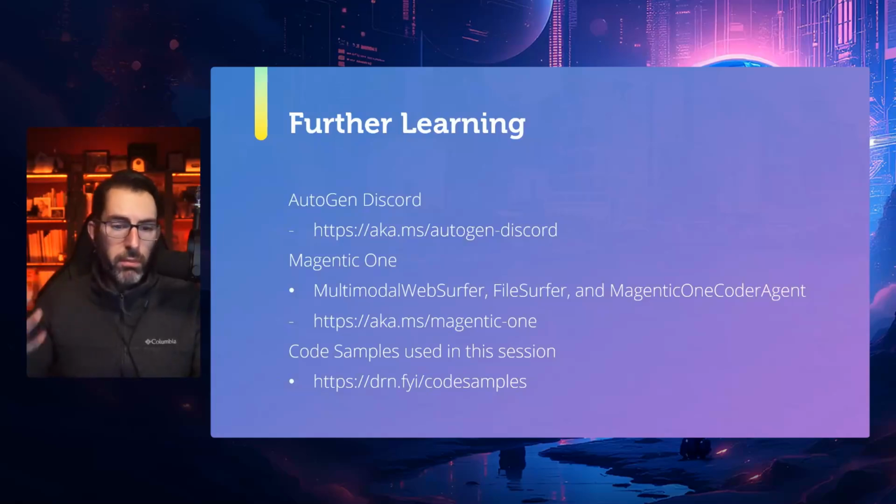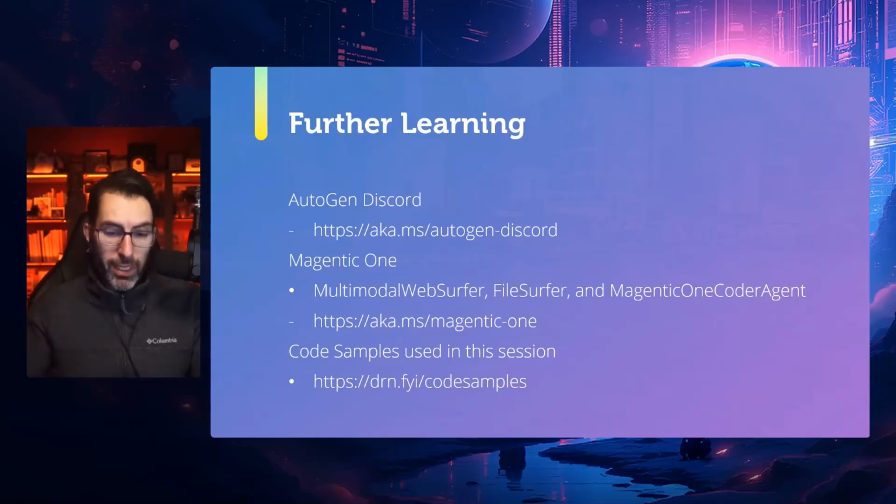If you want to dig a little bit deeper, here are some resources I wanted to put out there. There's a beautiful Discord channel where people using AutoGen can go in, ask questions, and keep up to date. There's another framework called Agentic One that is now part of AutoGen.